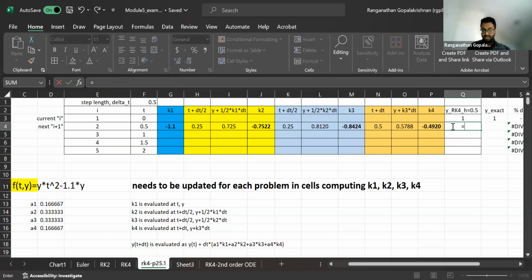All right, y in the current value plus dt, which is 0.5. I'm going to lock it, multiplied by, I have to start a summation, a1.